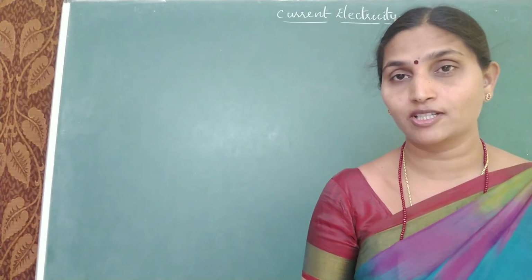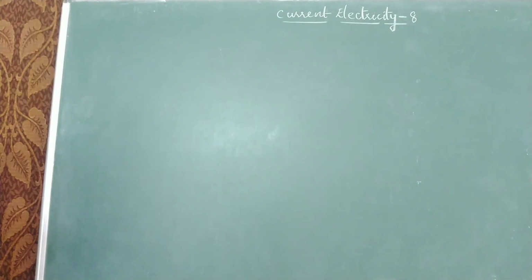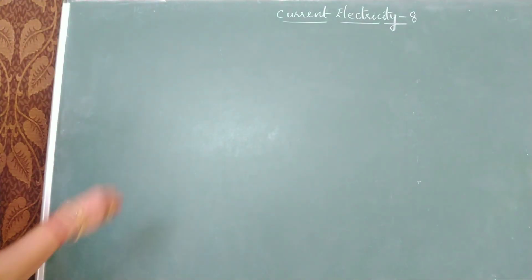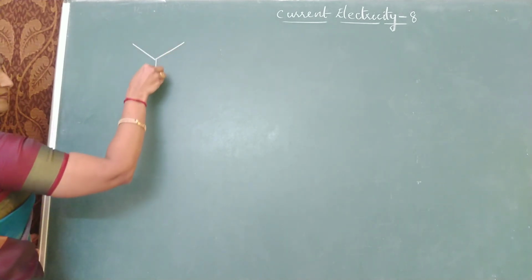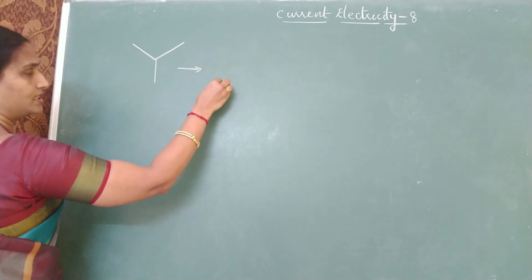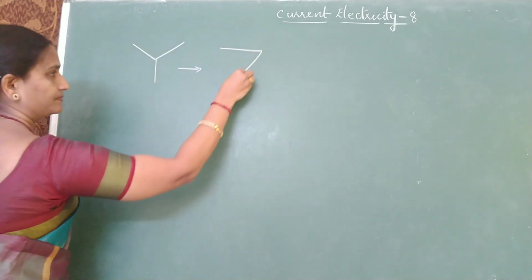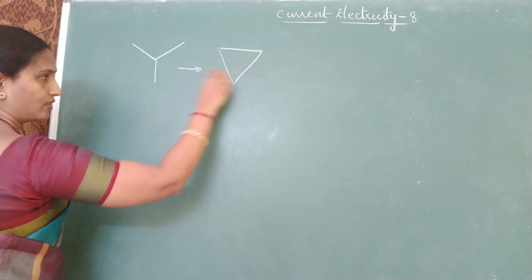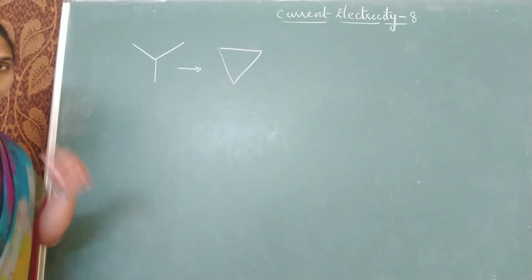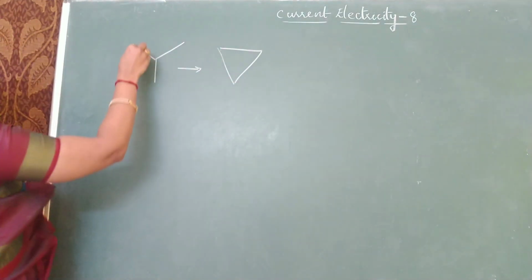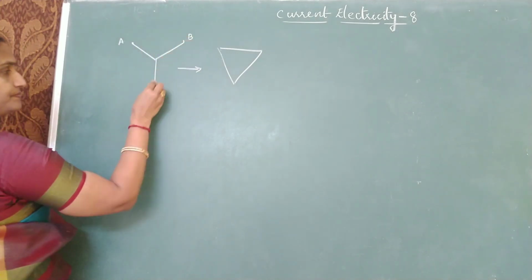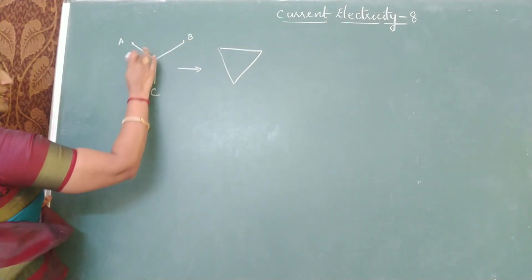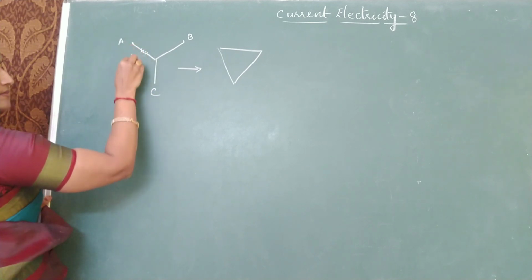To begin with, how do we convert a Y-shaped network to a triangle? This is called Y delta or star delta conversion. For that, first I name these terminals A, B and C. Let the resistance here be RA.